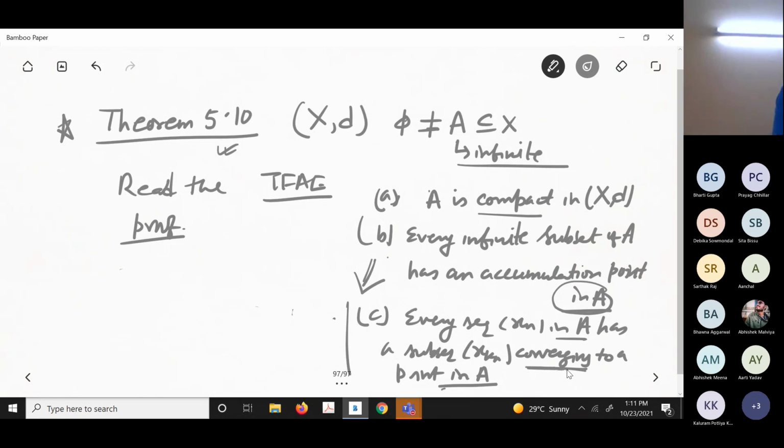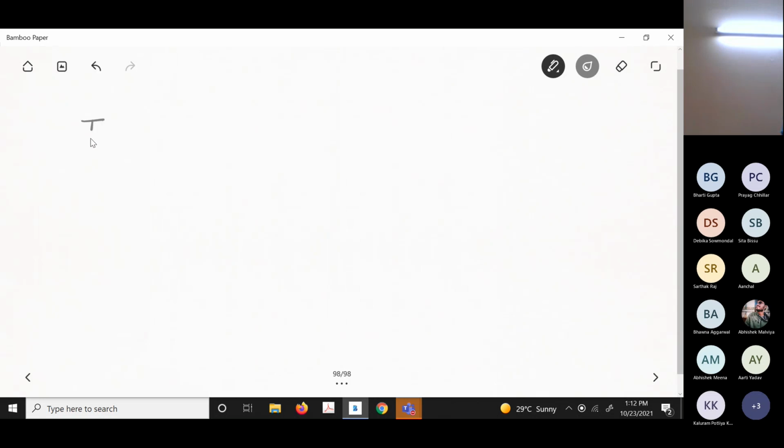It has a convergent subsequence, whereas with total boundedness you have a Cauchy subsequence. But if you are dealing with a complete metric space, then any Cauchy sequence will converge. Then total boundedness and compactness should coincide. That is exactly theorem 5.11. Look, theorem 5.11, what I am saying.